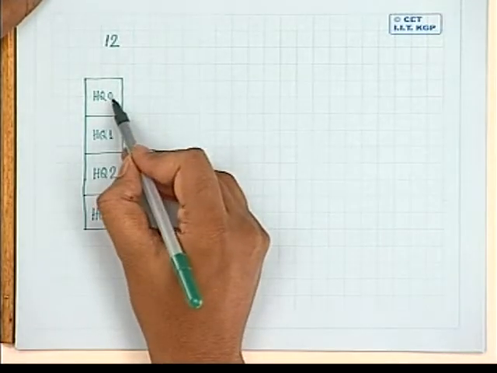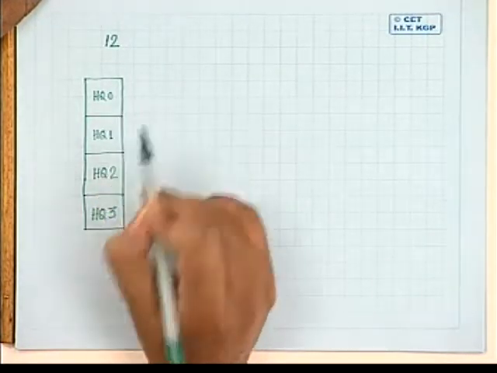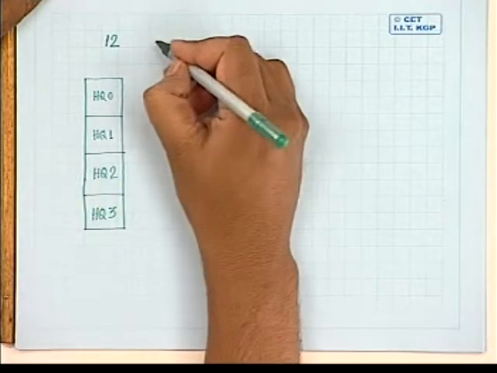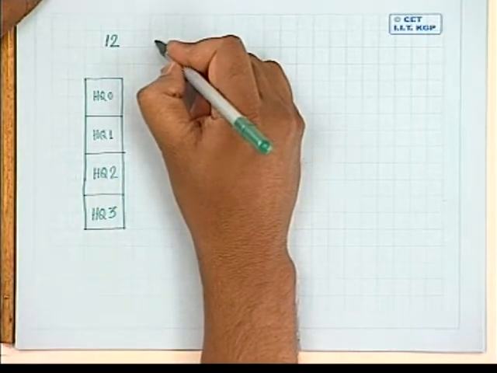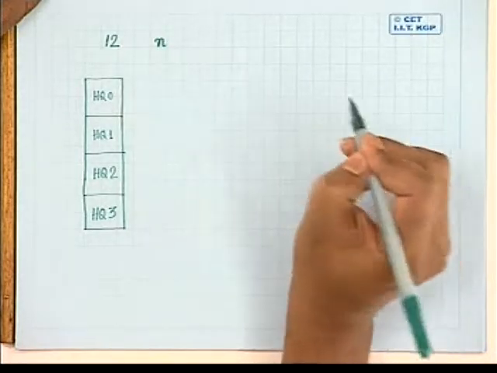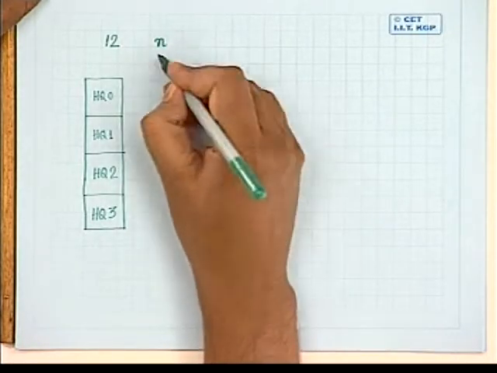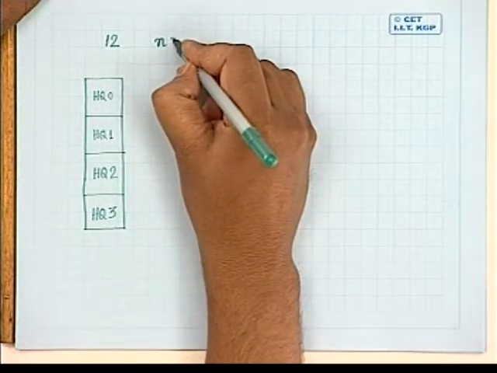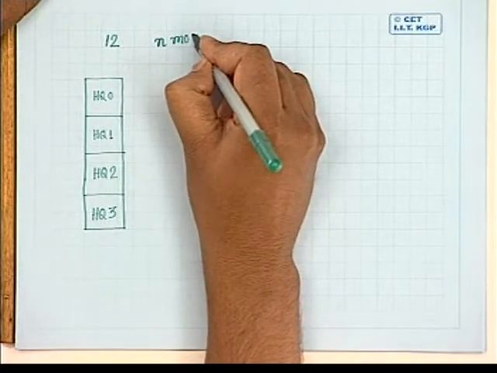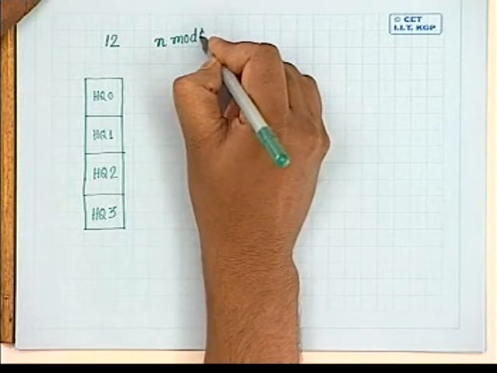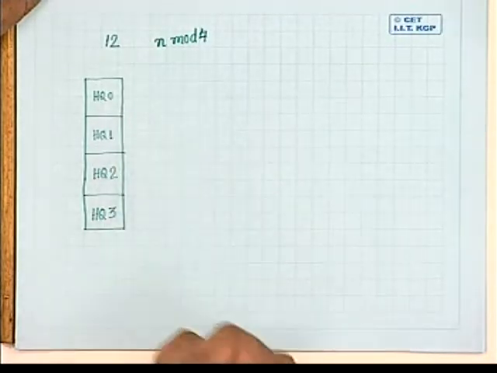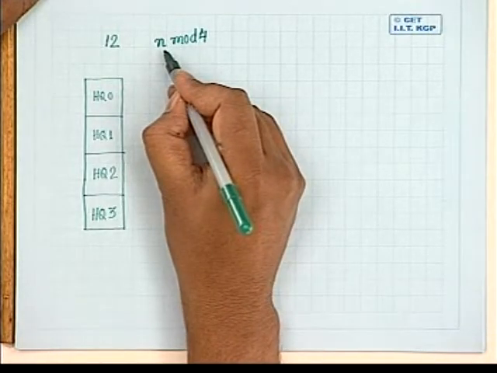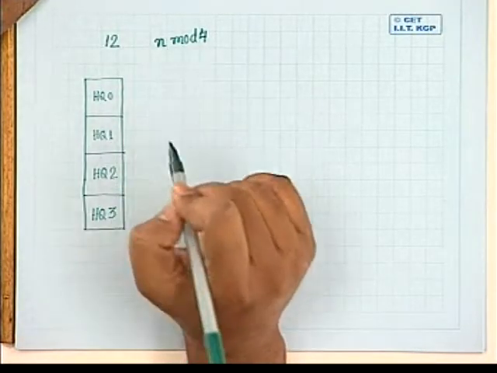Now I'll put those buffers in the hash queue which contains a block number, say n. And what I'll do is, I'll take the mod operation of n with 4. So I'll perform n mod 4, as I have decided that I'll have 4 hash queues in the system. N is the block number, the block which is contained in a particular buffer.